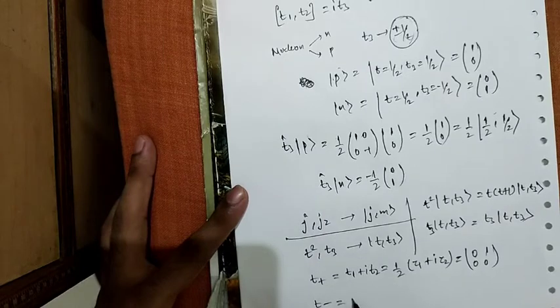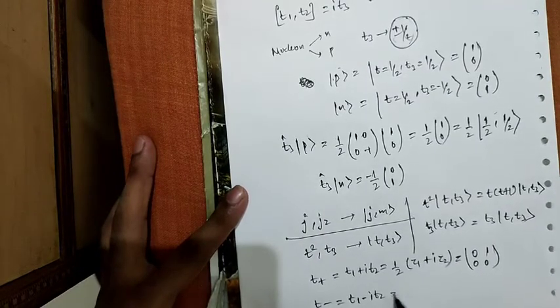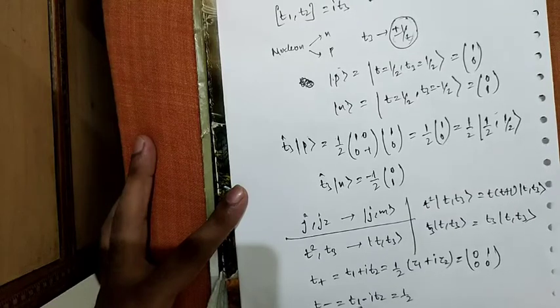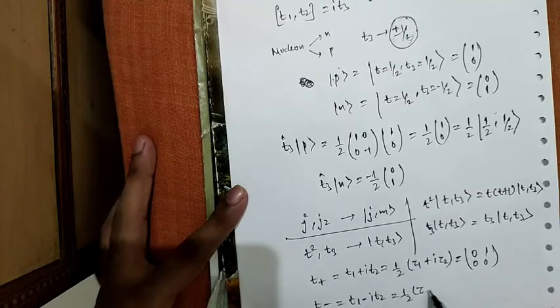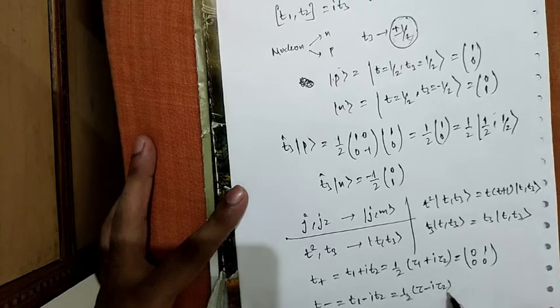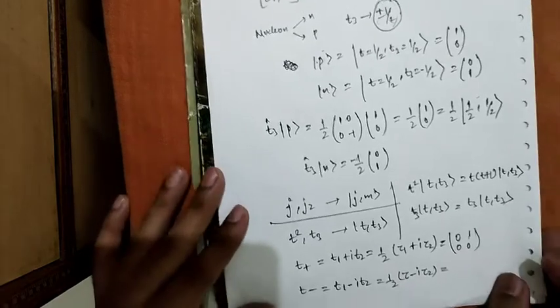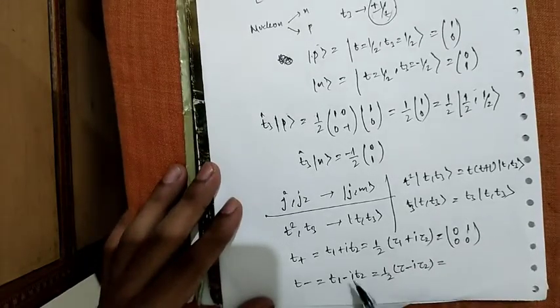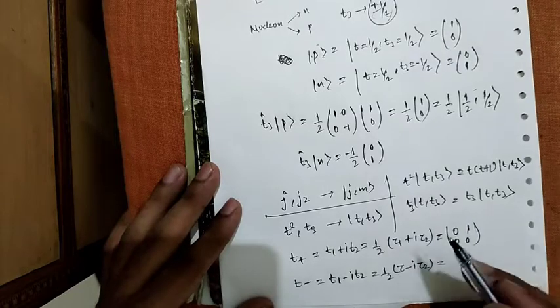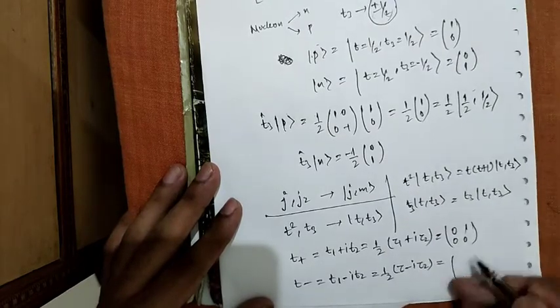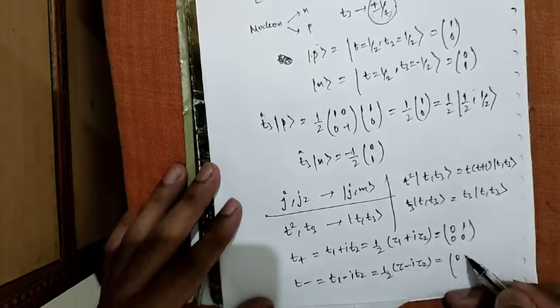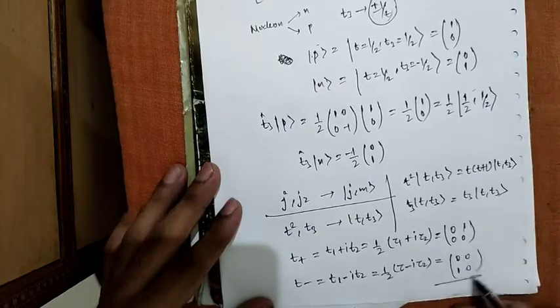T minus we can find in the same way: T1 minus i T2 equals half of (tau 1 minus i tau 2), and with the above matrices its value is [0, 0; 1, 0]. This is a simple calculation.